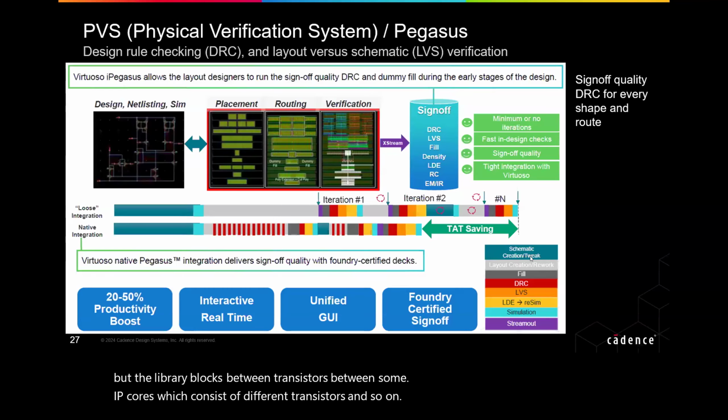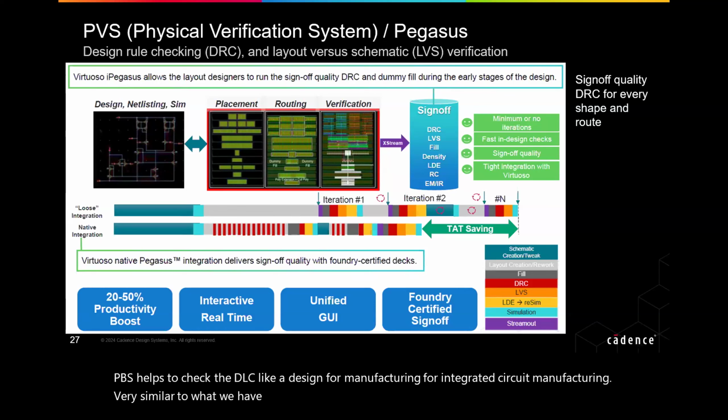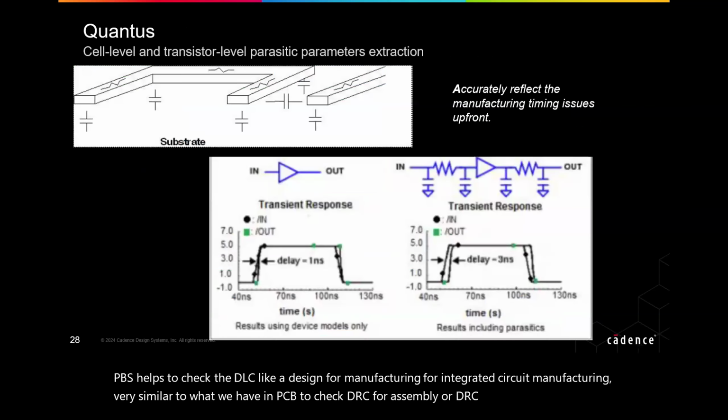And PVS helps to check the DRC, like design for manufacturing for integrated circuit manufacturing. Very similar to what we have in PCB to check DRC for assembly or DRC for PCB fabrication.